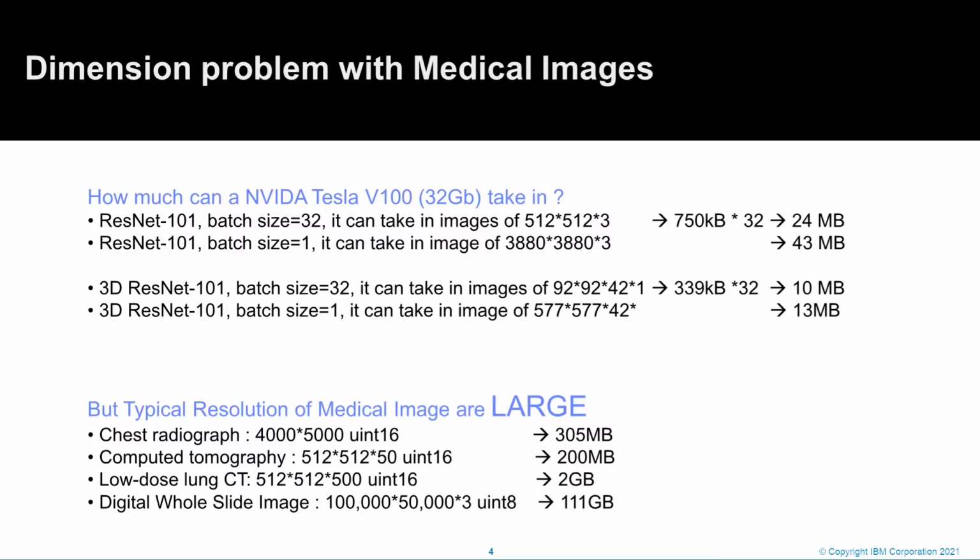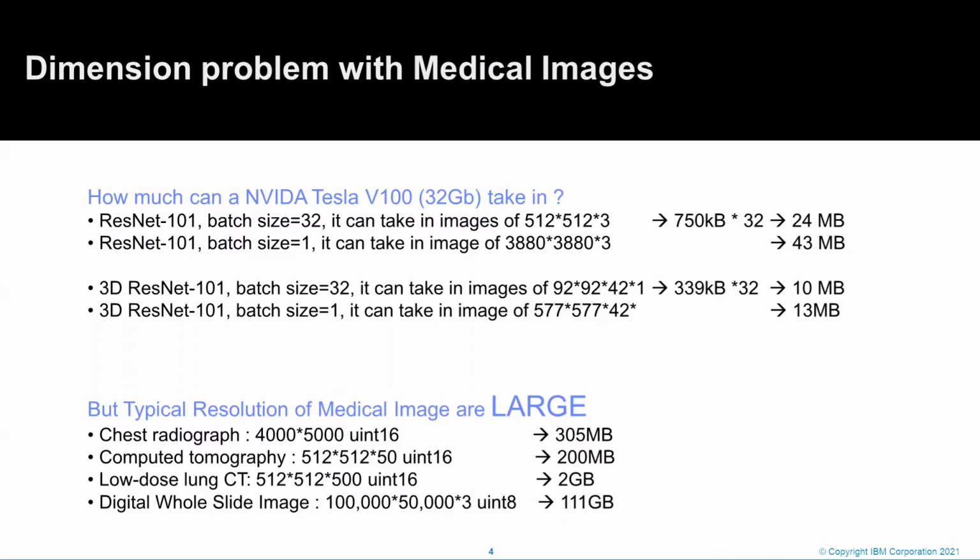So it's really not that big compared to the 32 gigabyte memory you have in a V100. Same for the classical 3D ResNet training. So it's not a big pressure for the GPU memory itself.